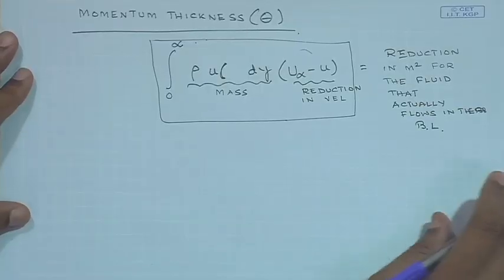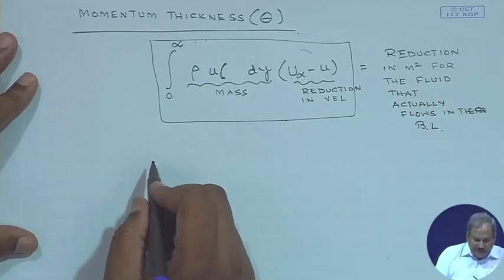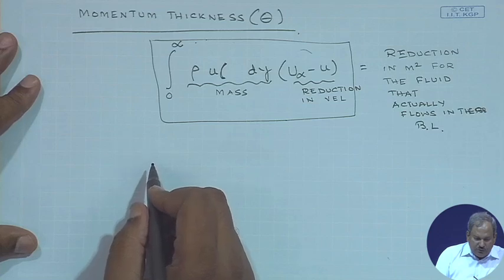So, what I do is I raise it by a distance theta. Whenever I raise it by a distance theta, some amount of area is no longer available for flow, which would result in a reduction in mass flow rate. So, let us see what that is going to be when you raise the platform by a distance equal to theta.